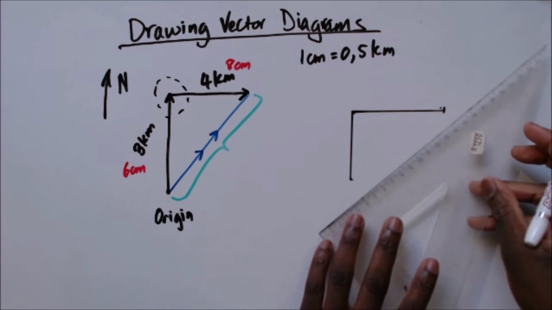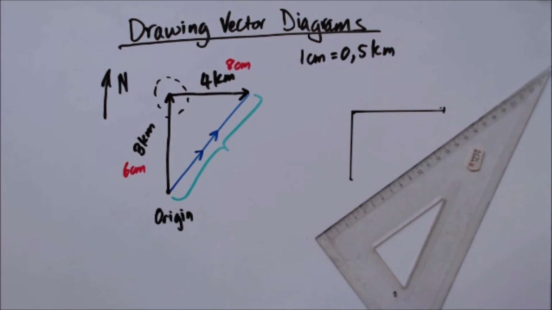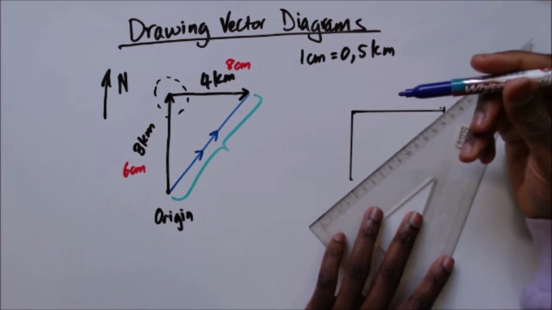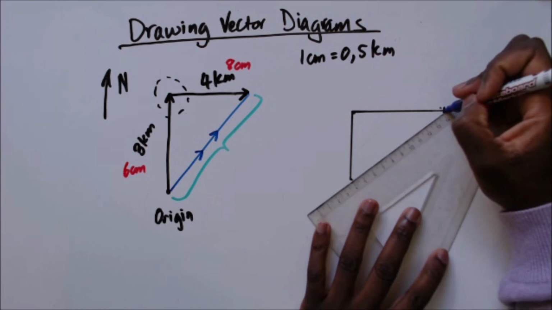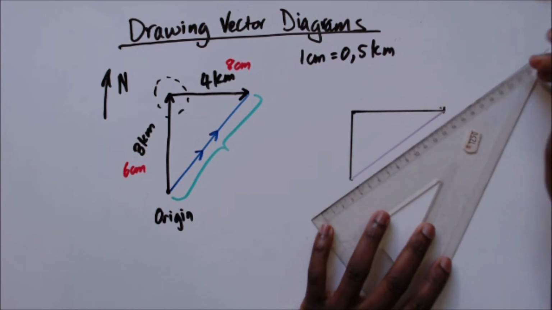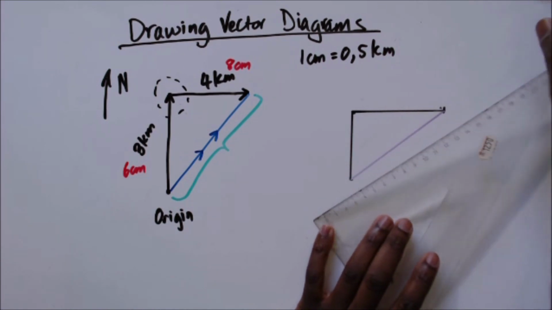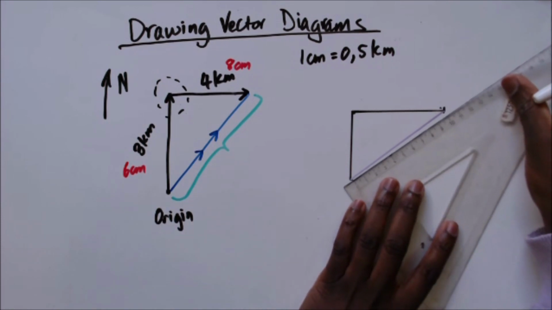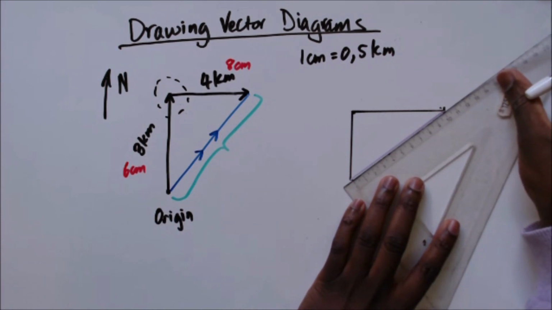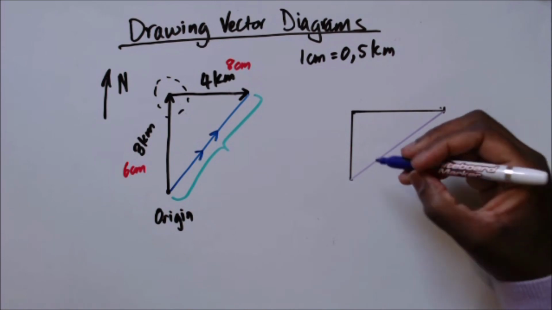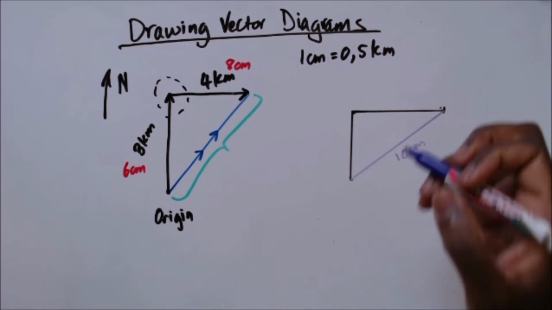And my resultant, which I'm going to draw in purple, is here. Okay, so that's my resultant. And I can measure the length of my resultant, and that works out to 10 centimeters. So this is 10 centimeters.